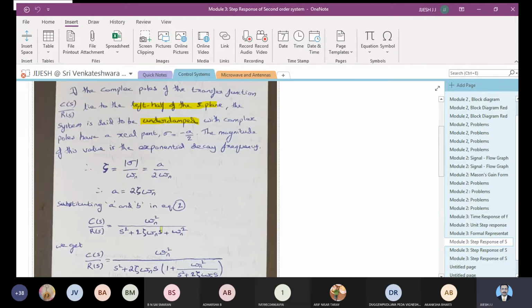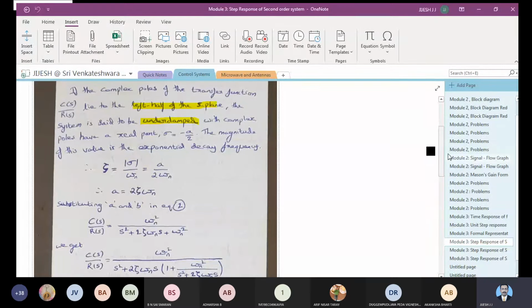I'll be saying, let us use the second order transfer function, meaning C of s by R of s is equal to omega n square divided by s square plus 2 zeta omega n s plus omega n square. Please put it in a square bracket, as that equation is important. So let us simplify it further.